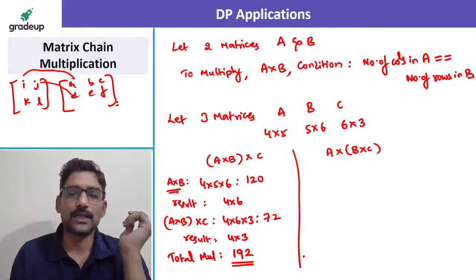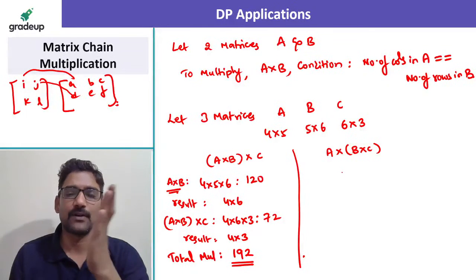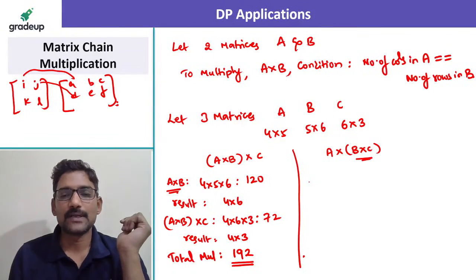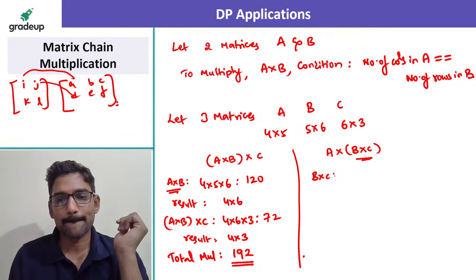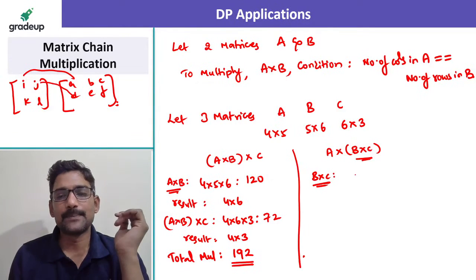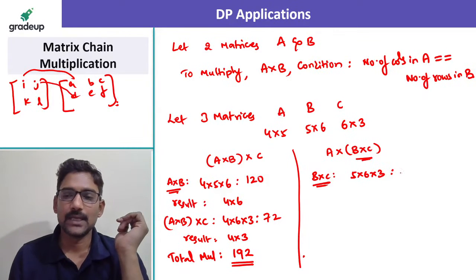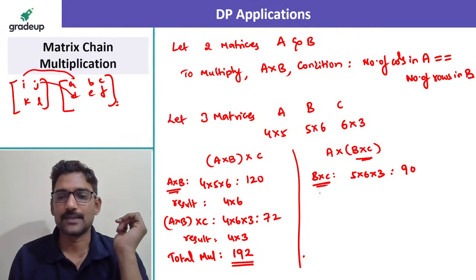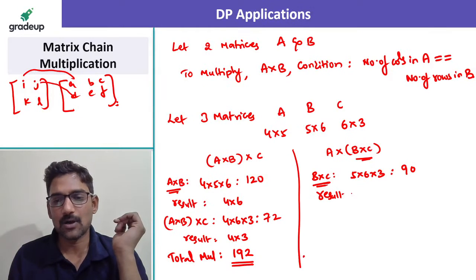Suppose I follow the other way, first I am doing B into C. How many multiplications? 5 by 6 by 3. This is 90 multiplications. And the result matrix order would be 5 by 3.